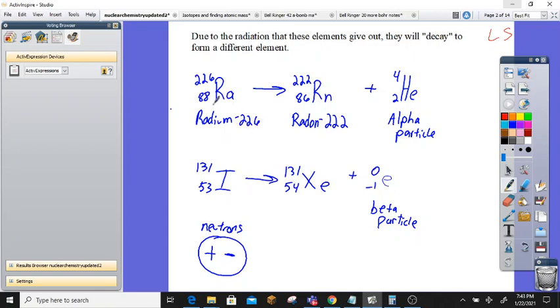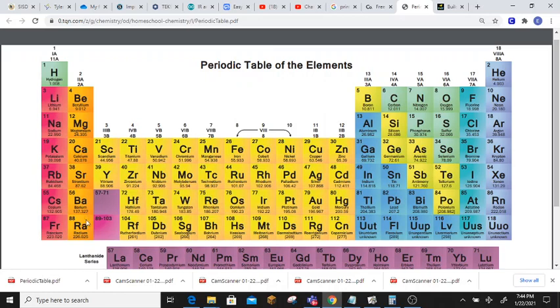Okay, so radium, when it's unstable, is going to get rid of 2 protons, which is an alpha particle, and radium is going to turn into radon. So this element right here, radium, is going to turn into this element. So can copper, for example, turn into nickel or zinc?